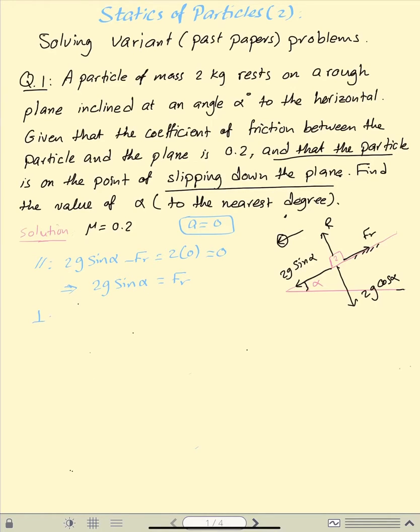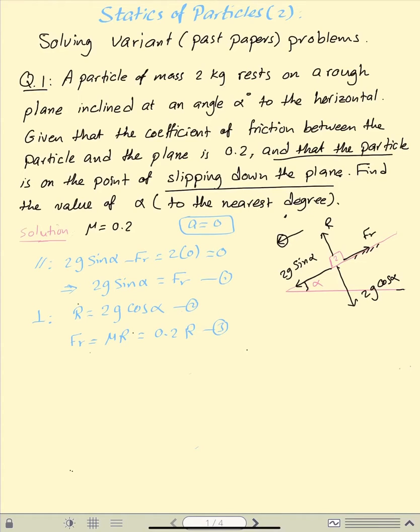Perpendicular to the plane, R is equal to 2g cosine alpha. And the third equation, as usual, Fr is equal to mu R, so Fr is equal to 0.2 R. So we have three equations here: this is the first one, this is the second one, this is the third one.